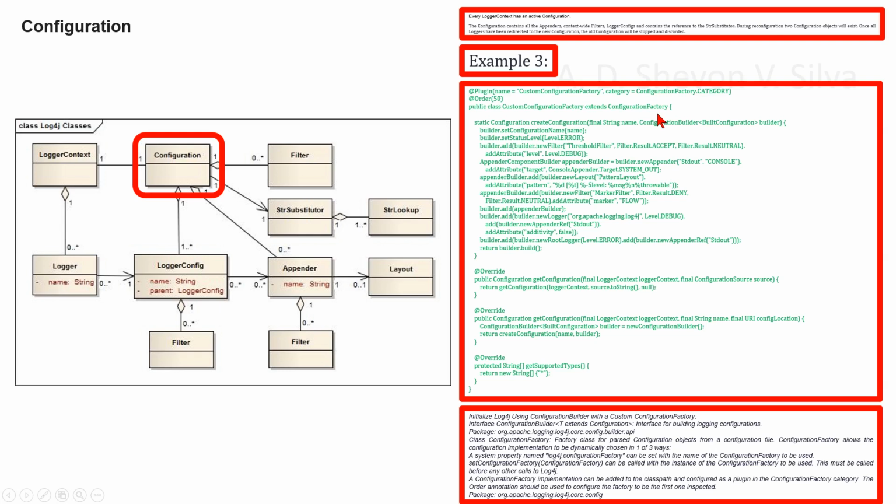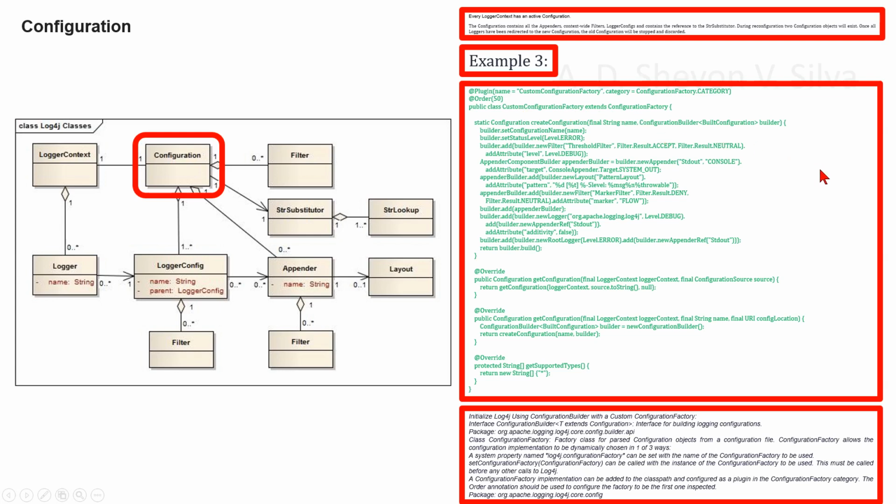This must be called before any other calls to Log4j. A ConfigurationFactory implementation can be added to the class path and configured as a plugin in the ConfigurationFactory category. The Order annotation should be used to configure the factory to be the first one inspected. This class is in package org.apache.logging.log4j.core.config.